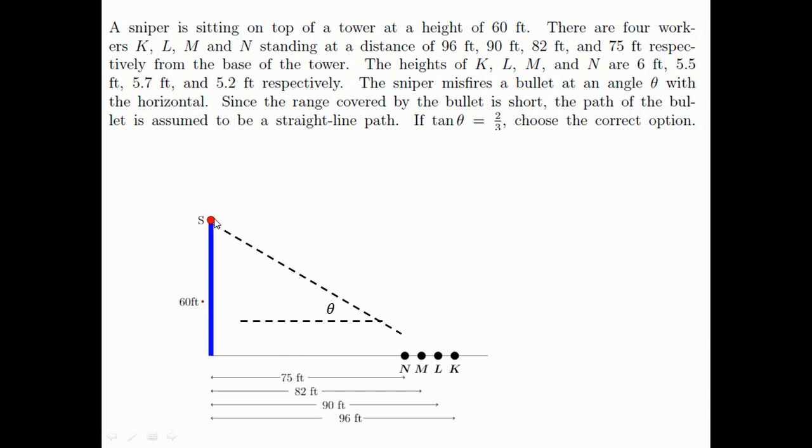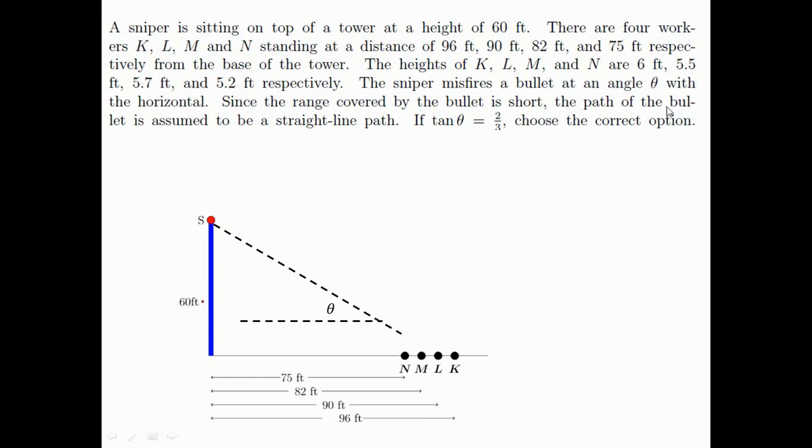Now, a sniper is sitting on top of this 60 feet tower and he fires a bullet. But the sniper misfires the bullet at an angle theta with the horizontal. So this dotted line is parallel to the horizontal, at an angle theta.